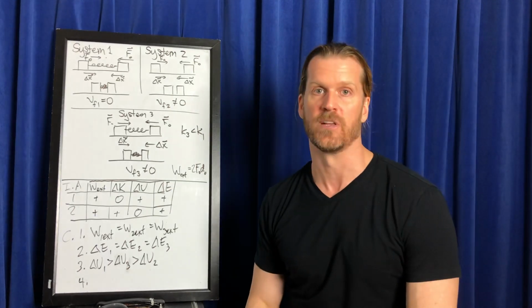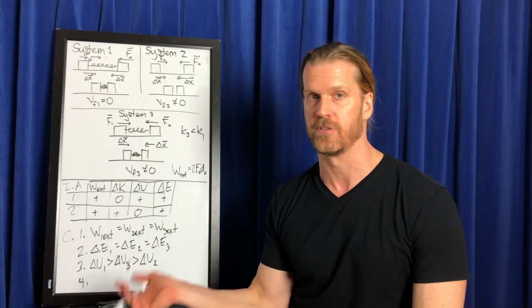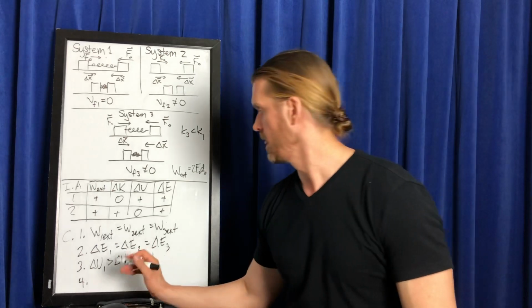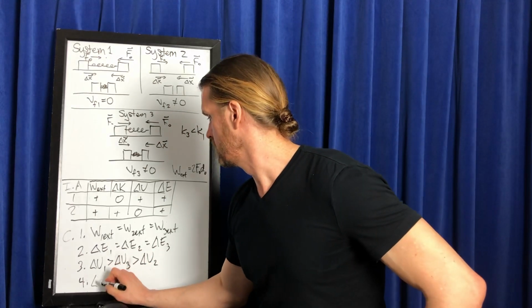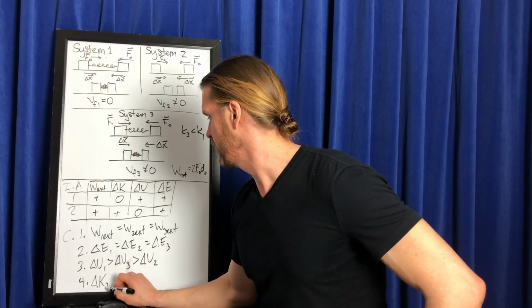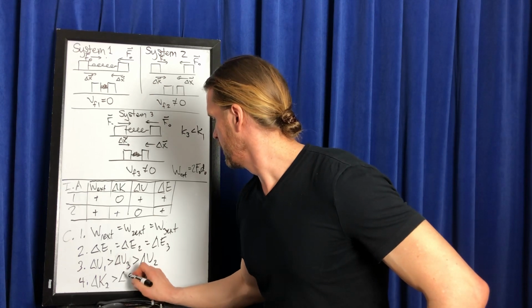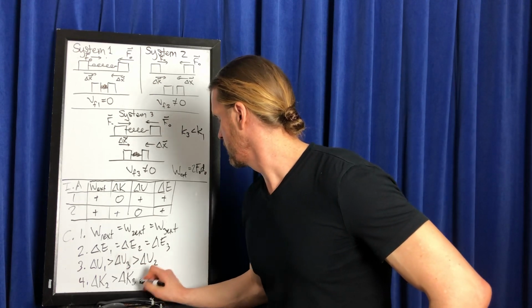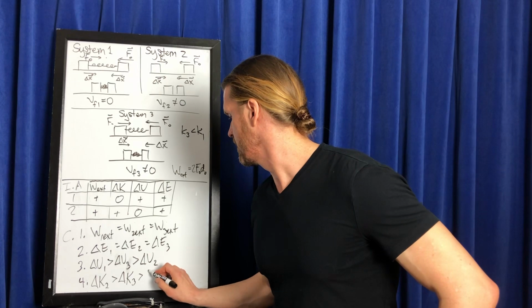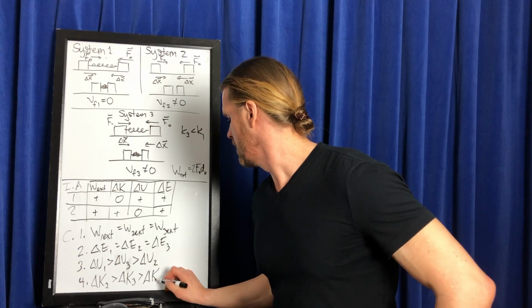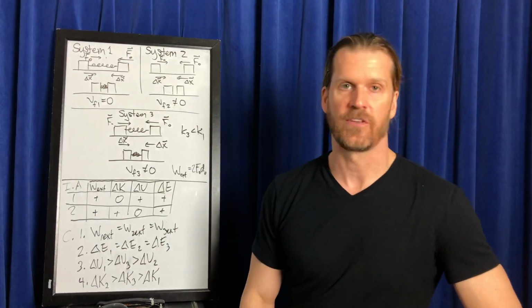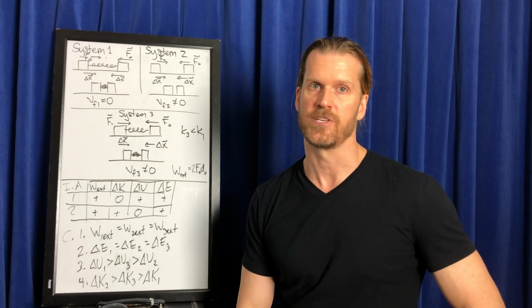System 3 is somewhere in the middle because some of that work turned into potential, some of it turned into kinetic. System 2 wins. System 3 is second place, and system 1 is last place because it has no change in kinetic energy.